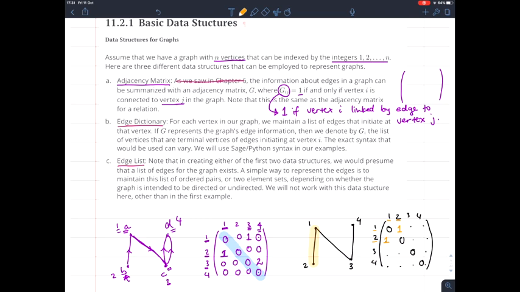So that tells us that if we know that we're dealing with an undirected graph, this just confirms that we have an edge from 1 to 2, which is also the same as an edge from 2 to 1. So there is some duplication of information when you're dealing with undirected graphs and their adjacency matrices.